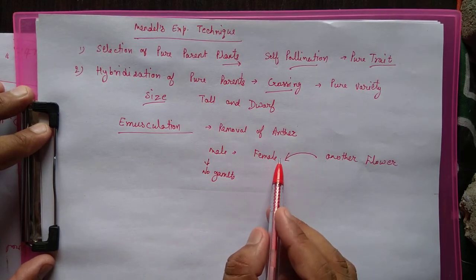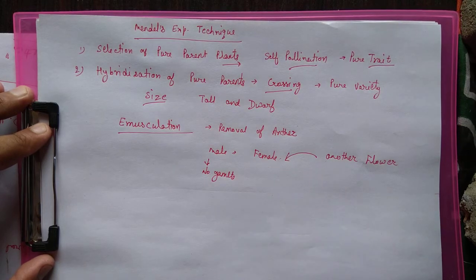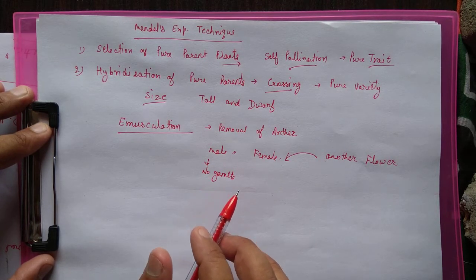On this female the anthers are transferred from another flower. So the self-pollination here is removed.